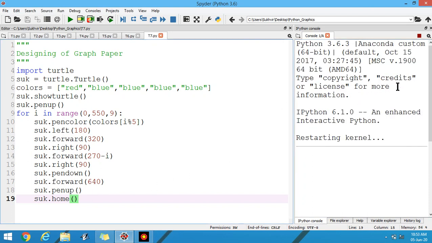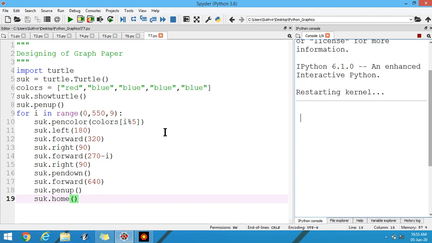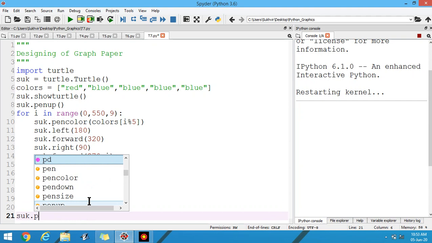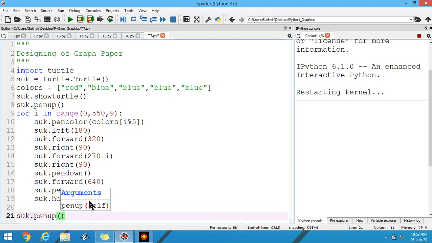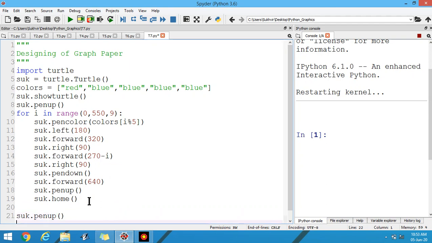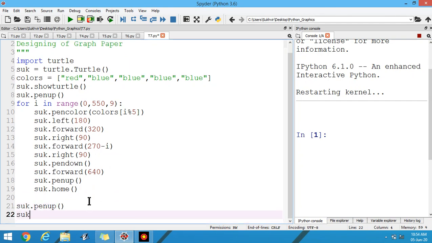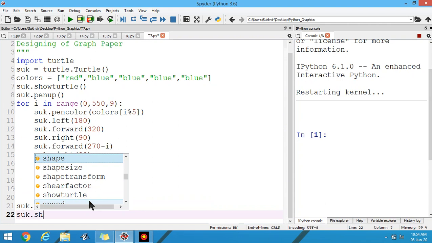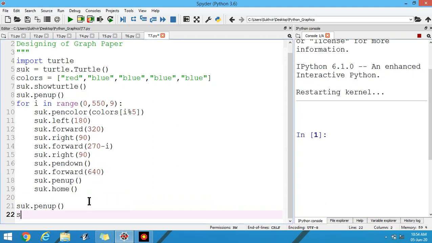Let us try to write the next code. One more for loop is required, suk dot pen up. Now the vertical lines are required, suk dot for loop.